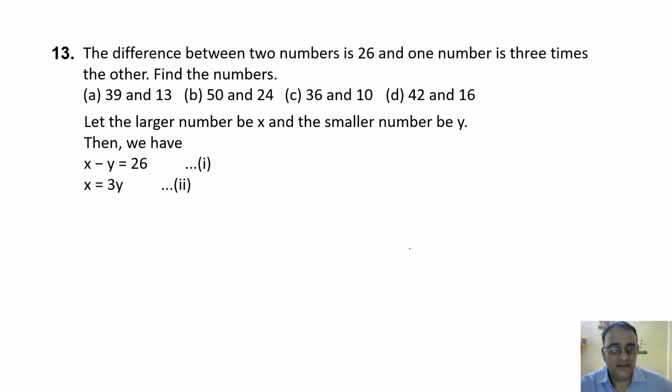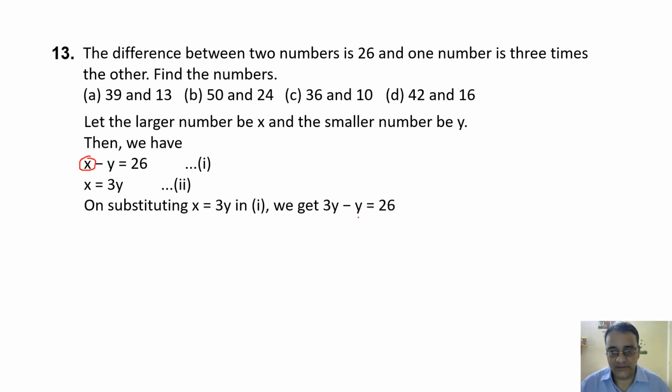Yes, sir. Okay. Now we will substitute 3y here. Substituting x in equation 1, we get 3y minus y is equal to 26. So this will imply 2y is equal to 26. So what is y? 13. Very good. Now we will substitute 13 here. 3 into 13.